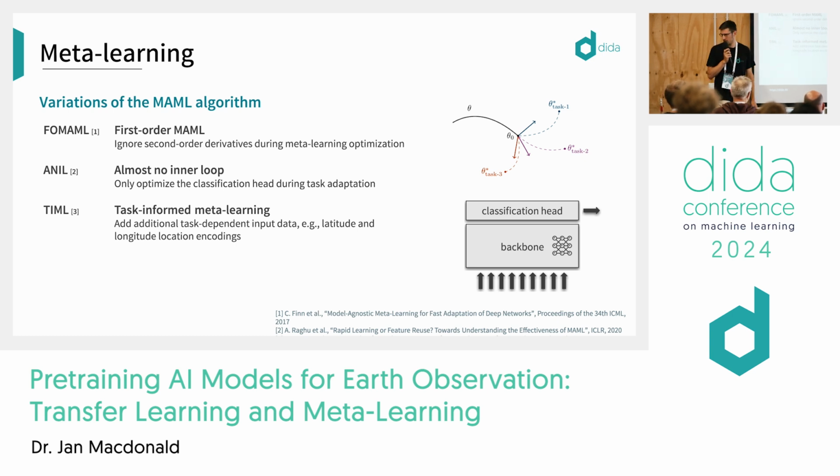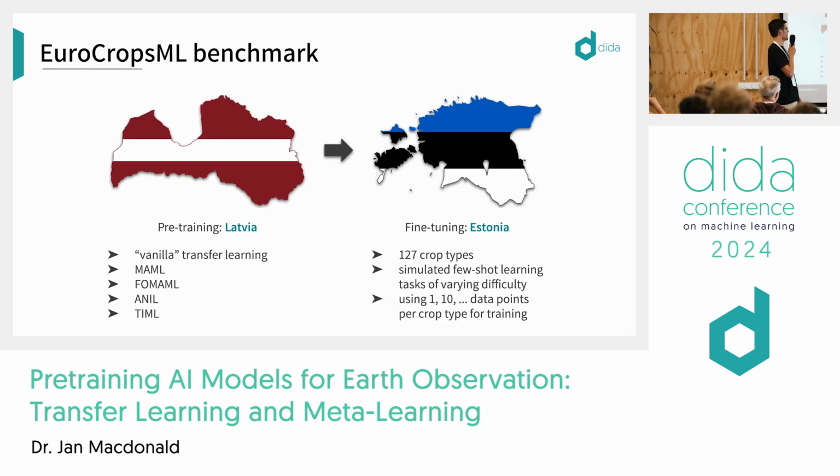Okay, great. We do have a lot of different variants of how we could approach transfer learning or knowledge transfer now. How do we know which one to choose? Well, we benchmark it. We just try them all and see which one is the best.